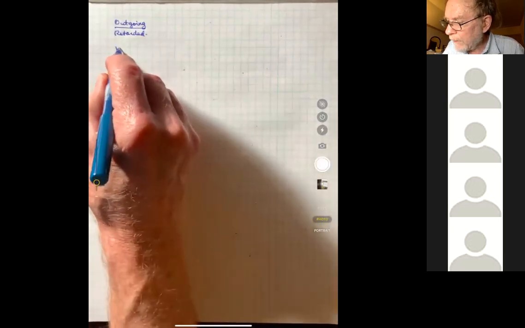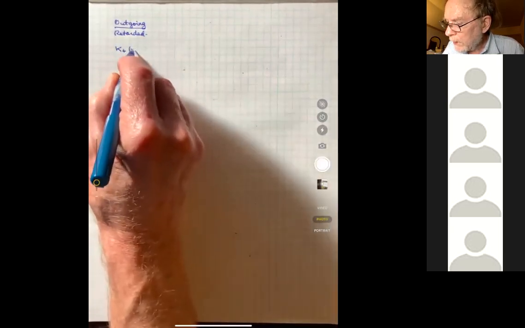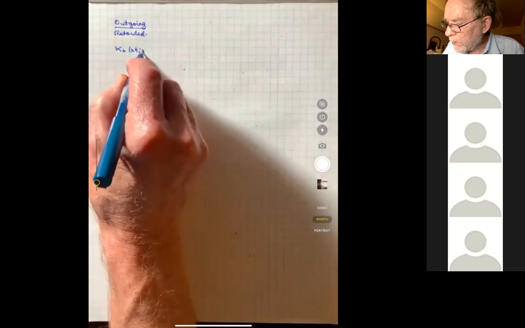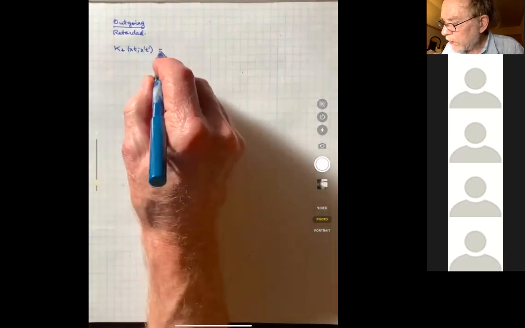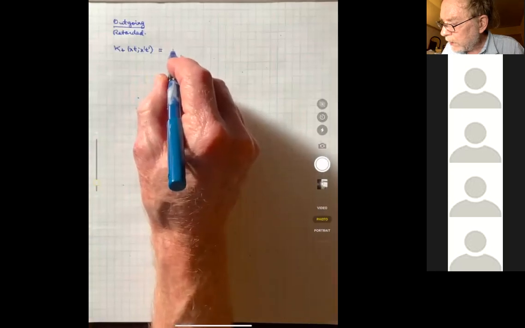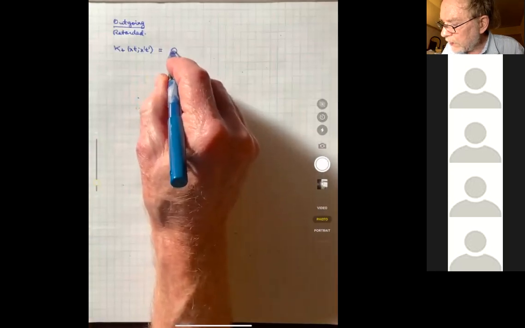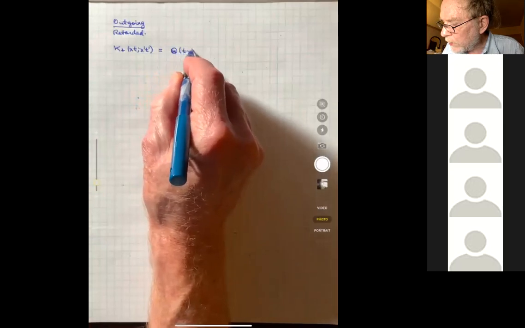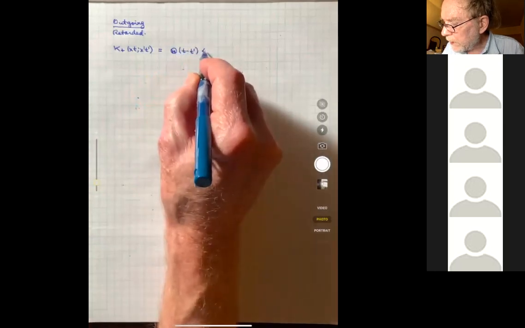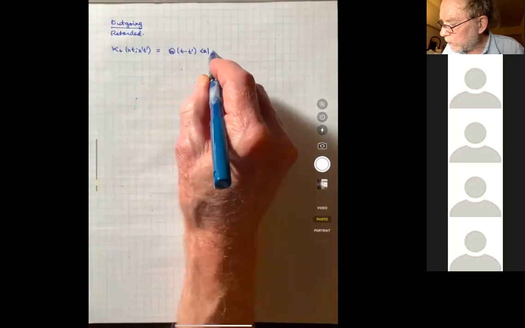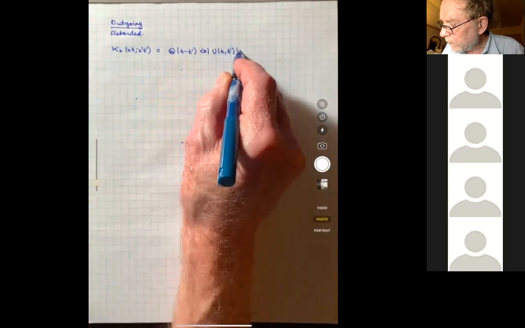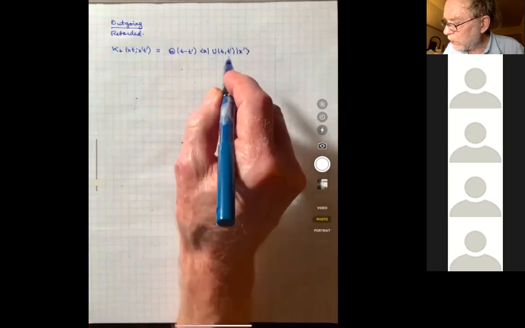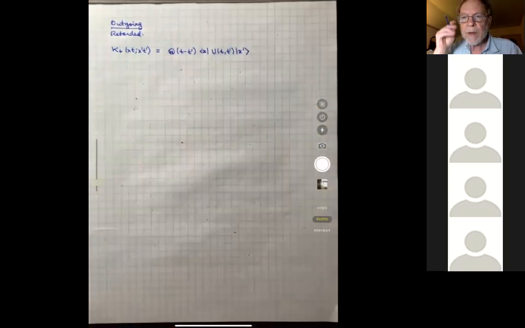And instead of calling it f, I'll call it K plus. And it's a function of x, t and x prime, t prime. All Green's functions are a function of those four variables. And it's defined this way. It's defined as the Heaviside step function, theta of t minus t prime, multiplied times the matrix elements between x and x prime of the unitary time evolution operator, which depends on two times, because we're allowing the Hamiltonian to be time dependent.